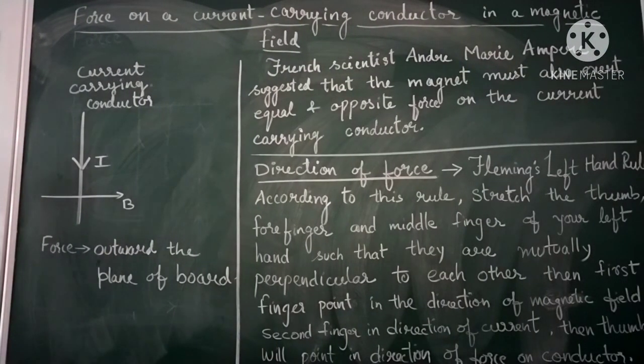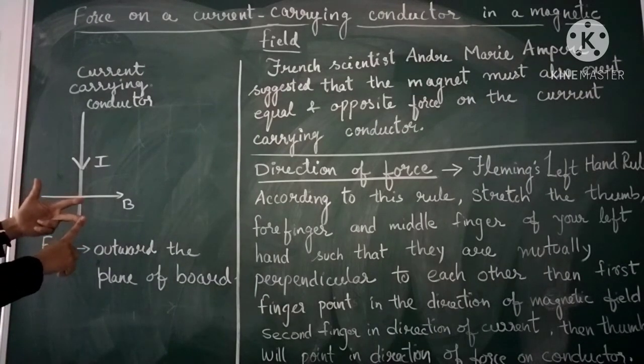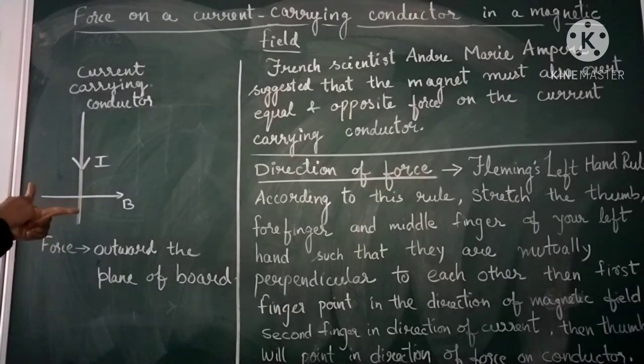While applying this, we will use our left hand, and we have to use these three fingers, that is the thumb, the first finger and the middle finger, and stretch them out perpendicular to each other, making 90 degrees with each other. Now in this figure you can see that the current is moving in the downward direction, and this is the direction of the magnetic field.